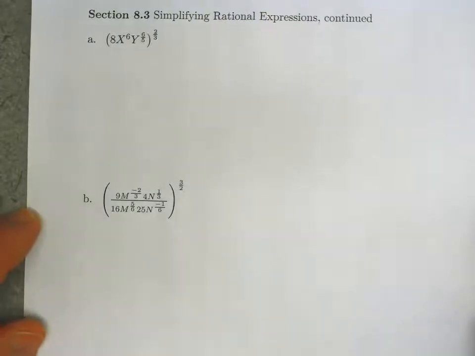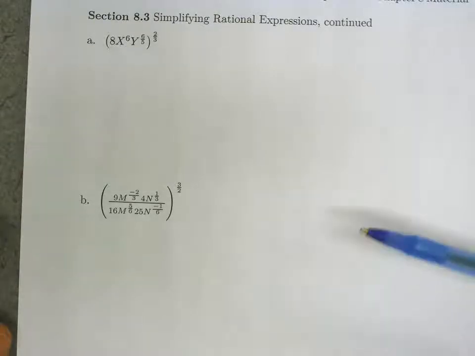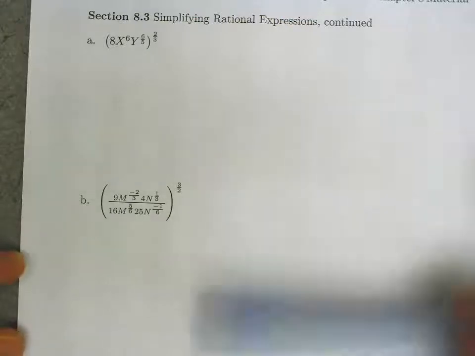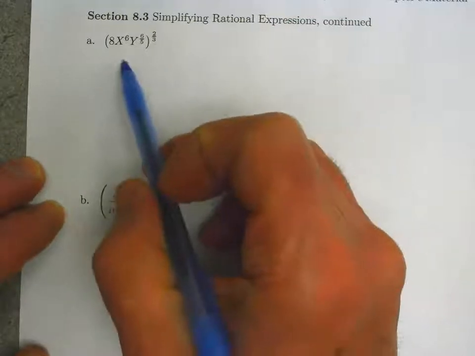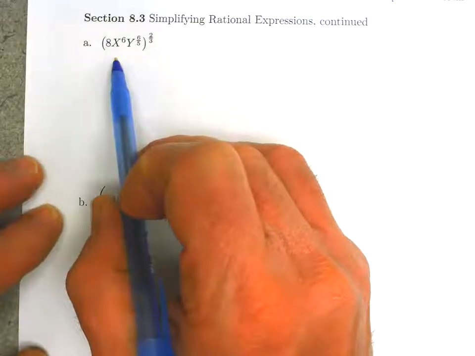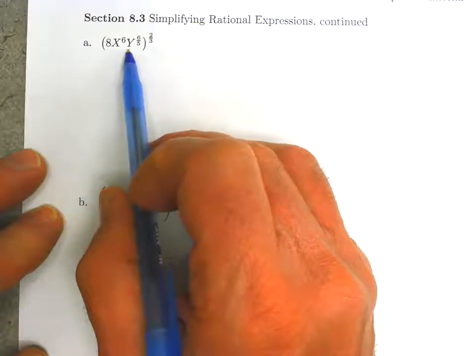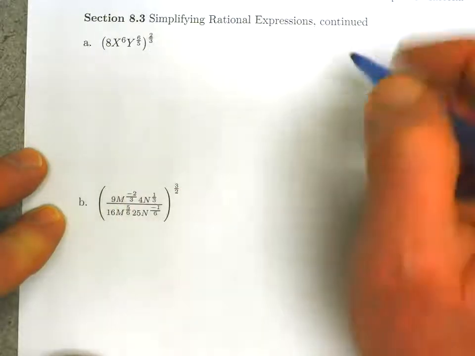So some of these are a little bit extracurricular, but this will help you be better prepared for the final if you can do these other examples. So on this one, simplify these expressions. 8x to the 6th, y to the 6/5. This is all raised to the 2/3 power.